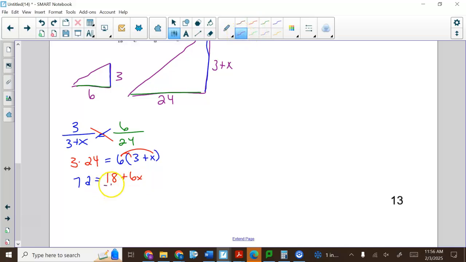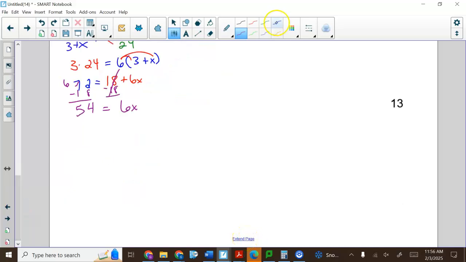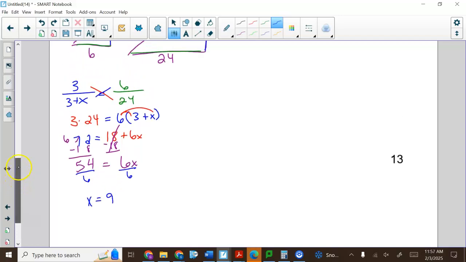We can subtract that 18. So 72 minus 18 would be 54. 54 equals 6x. And then one last step, we can just divide both sides by 6. x equals 9.